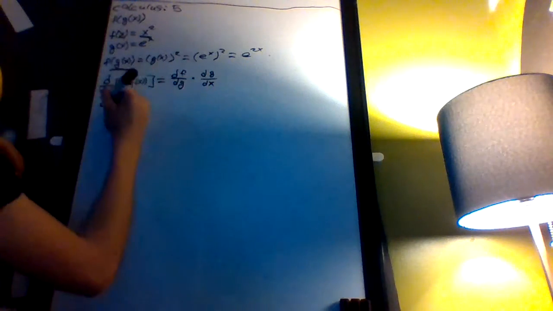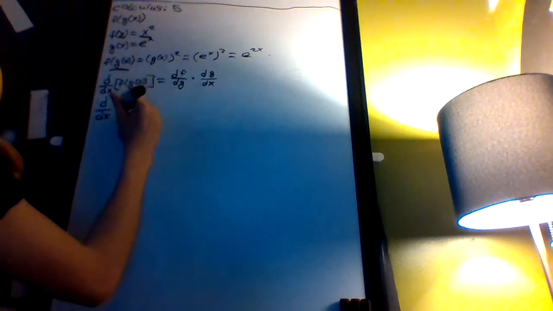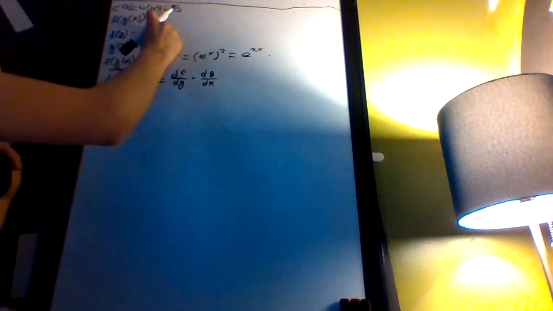What does this mean? Meaning, if I have, say this, e to the 2x, which is where f of x is x squared, and e to the x is going to be g of x.